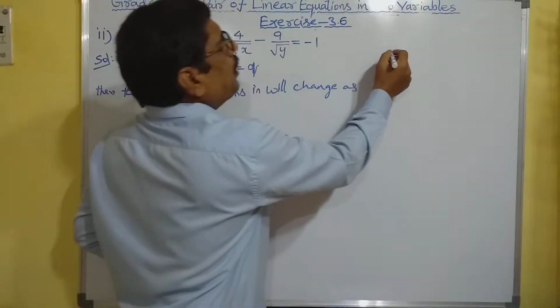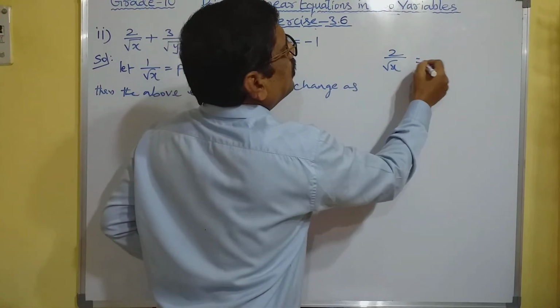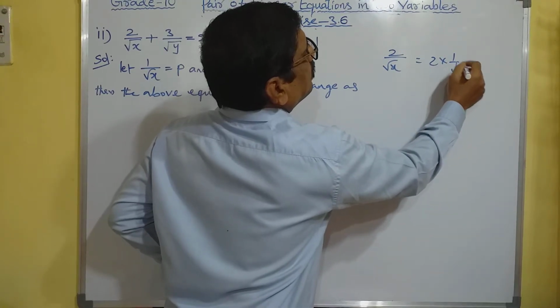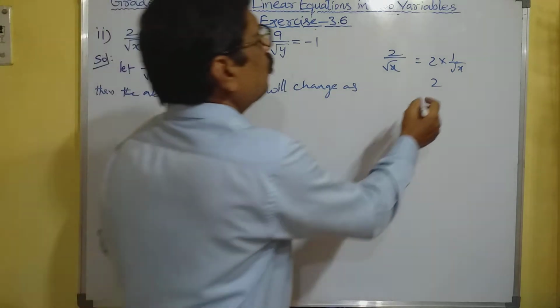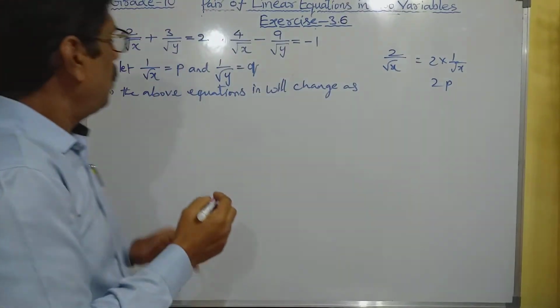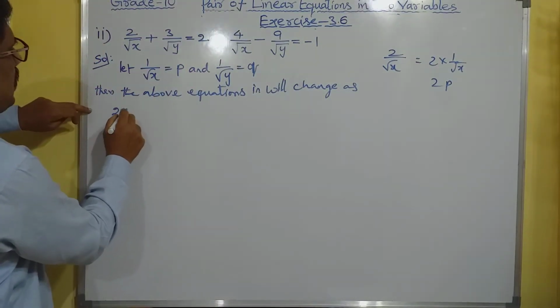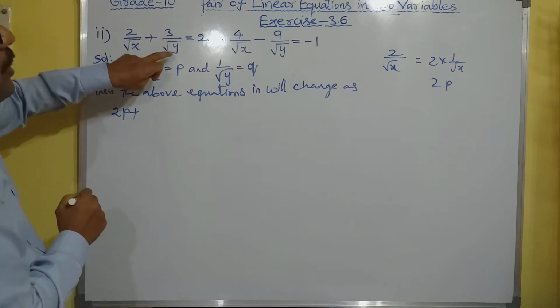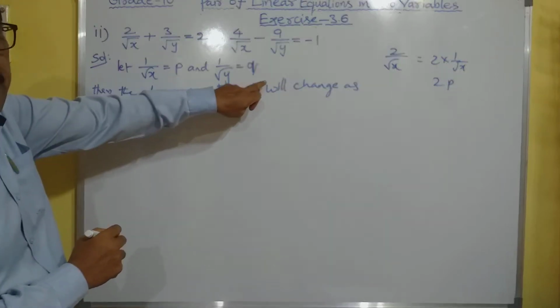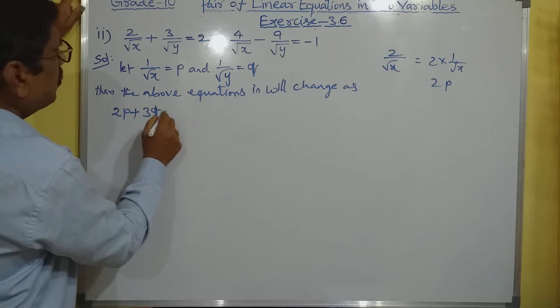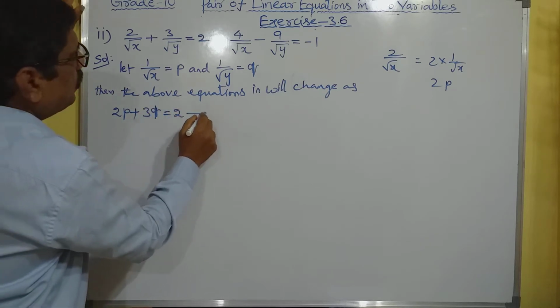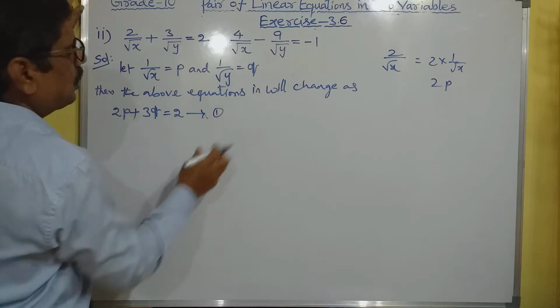See, 2 by root x means we can write it as 2 into 1 by root x. So 1 by root x we have taken as p, so we can write it as p. Okay, so 2p plus 3 by root y. 1 by root y we have taken as q, so 3 by root y can be written as 3q is equal to 2. See, this is the first equation.